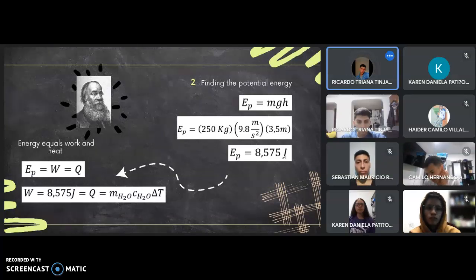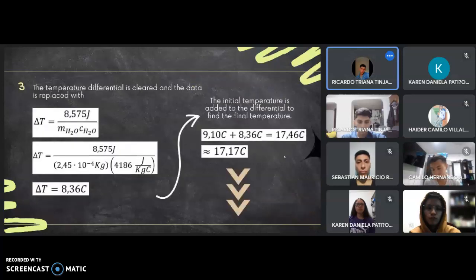Next. The temperature differential is clear, and replacing the data gives 8.36 degrees Celsius. Next.